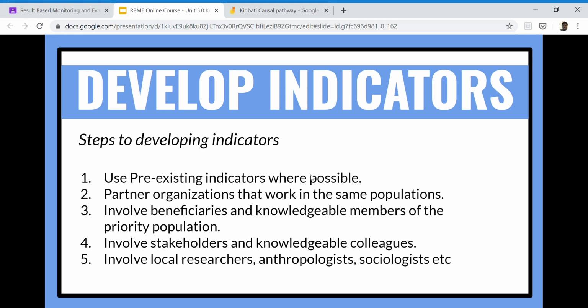So it's important to know that you can actually use pre-existing indicators where possible, and pre-existing indicators you can find in so many development indicators.